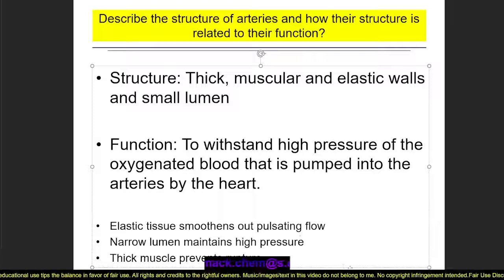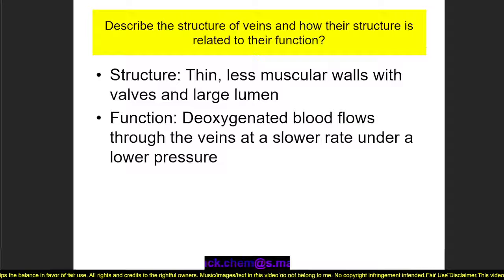Let's take a look at the structure and function of veins. Veins are said to have thin walls with valves, and veins are said to have a large lumen.